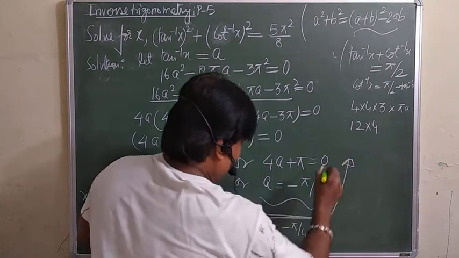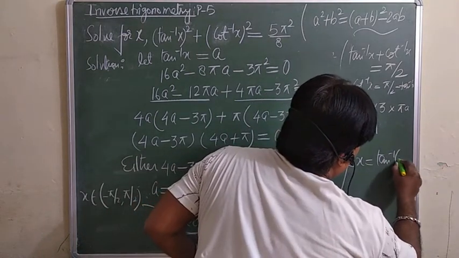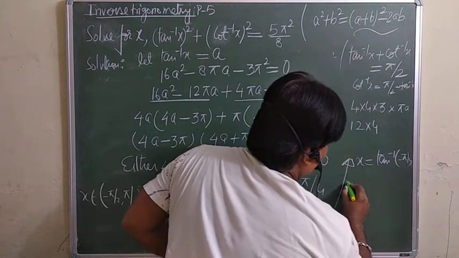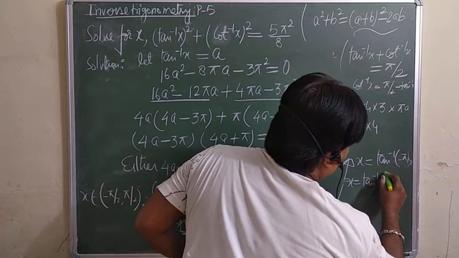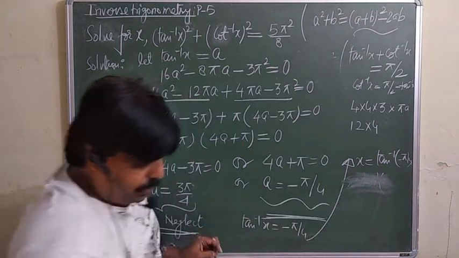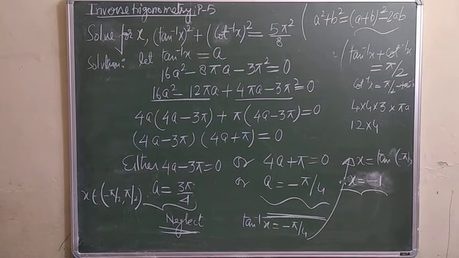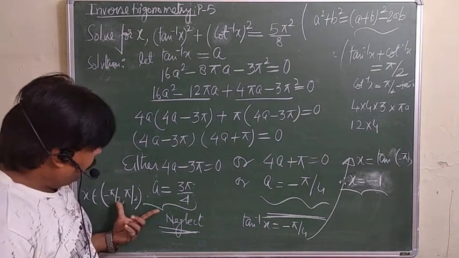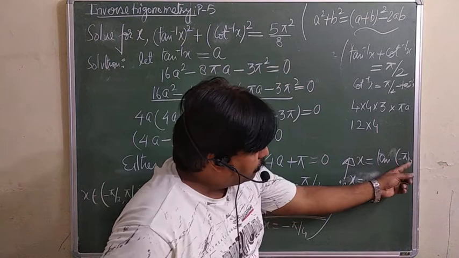This can be written as x is equal to tan of minus pi by 4.